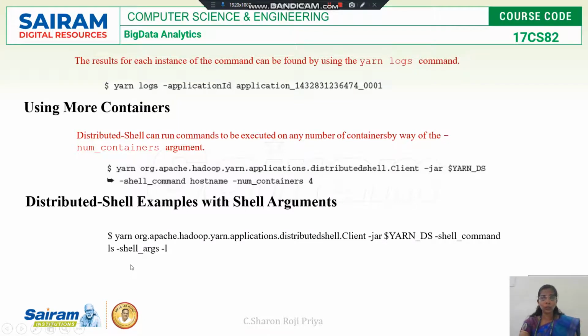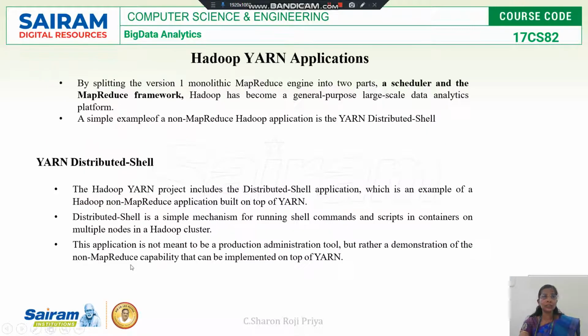So here, what we have learned is Hadoop YARN applications. This YARN application is an example of a Hadoop non-MapReduce framework. And under YARN applications, we have learned about distributed shell. What is distributed shell? It is a mechanism to run shell commands and scripts on multiple nodes in a cluster.